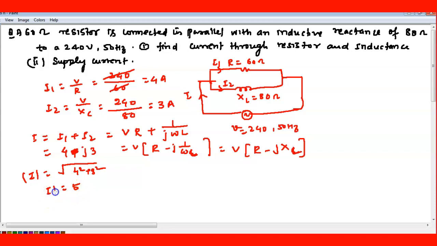And angle is equal to, write tan inverse of 3 by 4. How much? 36.86. And this X is positive and Y is negative, so it will lie in the fourth quadrant.